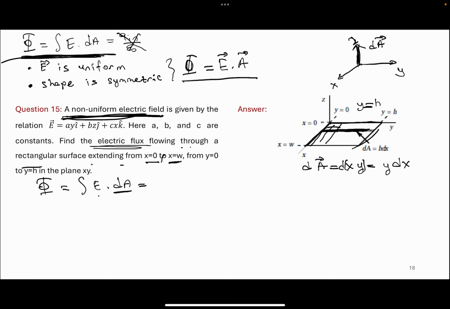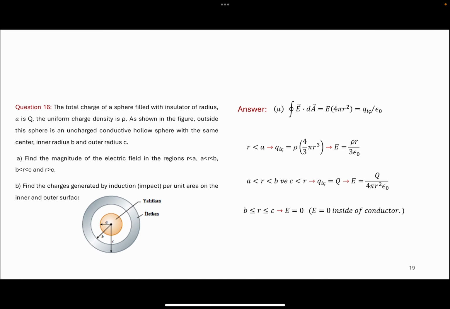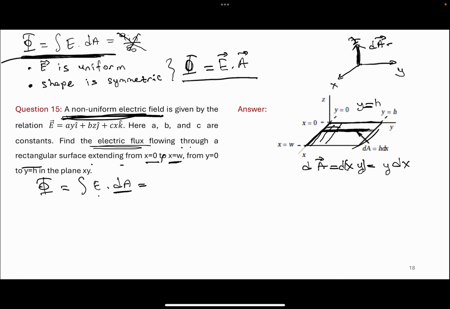Can you see? So I can use dA equals k, so k is the z axis unit vector. Don't forget its unit.